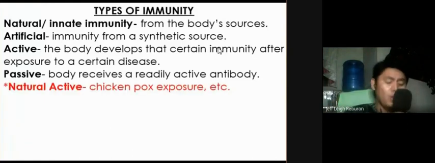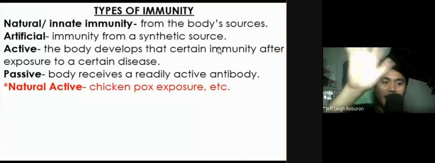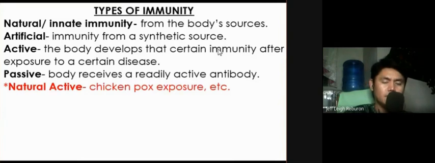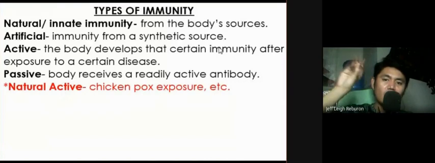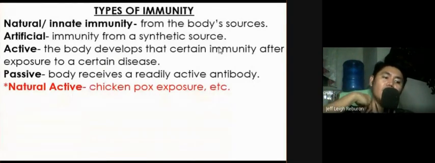Now, when we talk about natural active immunity, ang example po nito ay chickenpox. Paano po nangyayari yon? Example ha, example. Kunwari, yung isang tao nagkaroon siya ng chickenpox. So meaning, yung antigen ng chickenpox pumasok sa katawan niya. So what will happen?